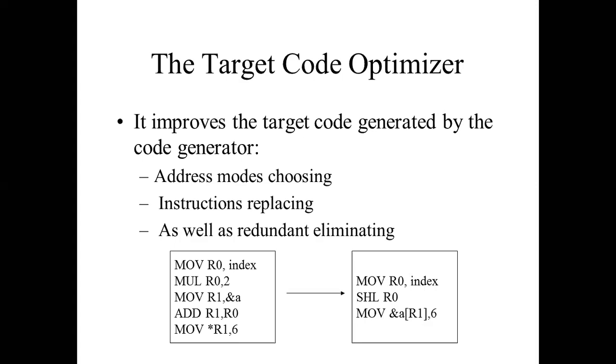So how will we improve the target code, or how will we do the optimization? Address modes choosing: here we choose a number of address modes. Then instructions replacing: we replace some instructions, as well as redundant eliminating.